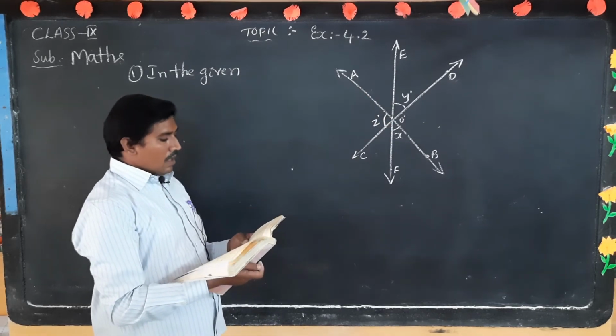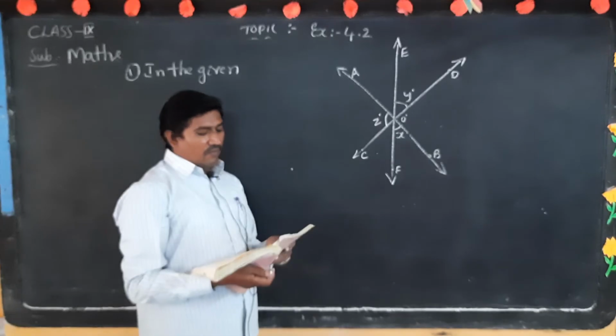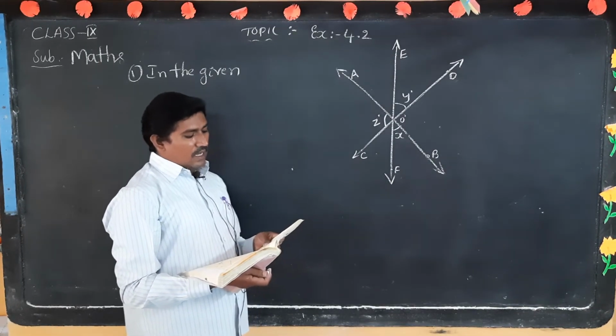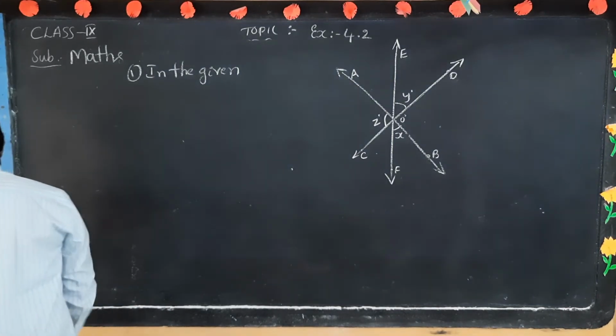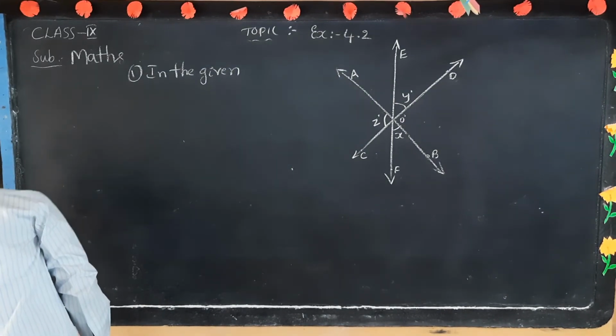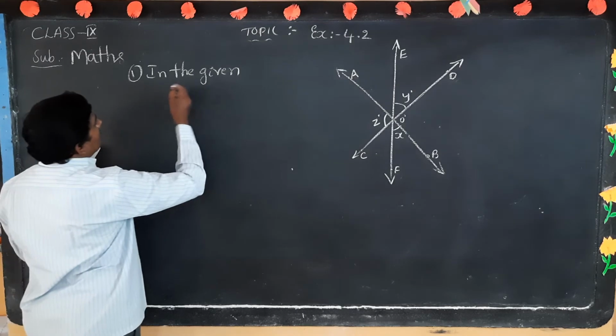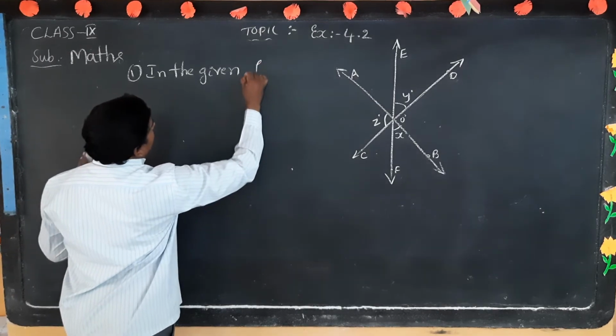After that, find the values of x, y, z. Here they have given x is to y is to z.